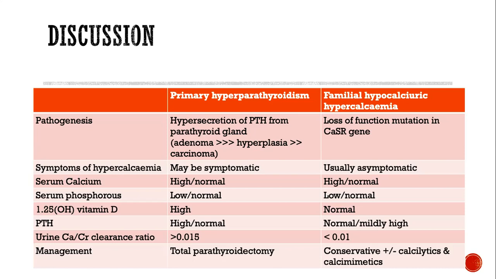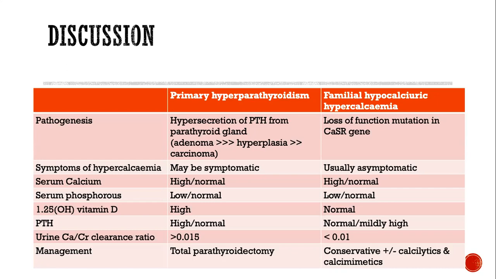Symptoms of hypercalcemia are similar in both, and serum calcium in both can be high or normal. Serum phosphate can be low or normal in both. And active vitamin D is high in primary hyperparathyroidism because PTH stimulates 1-alpha hydroxylase, thereby forming active vitamin D. And in FHH, it is normal.